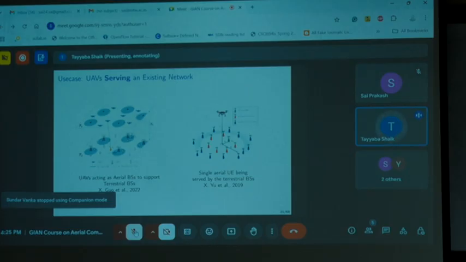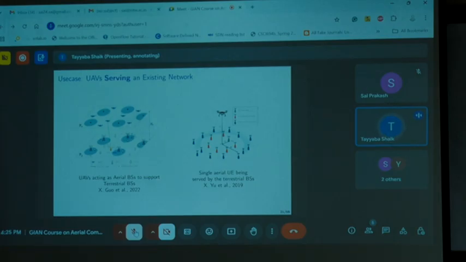If you look at the figure on the left, a typical user is receiving service from both the ground base stations and the aerial base stations. Aerial base stations refer to the UAVs. You can view this as a use case where we are trying to improve the performance seen at the typical user, given that there are some buildings on the ground because of which the paths from the base stations are being blocked.